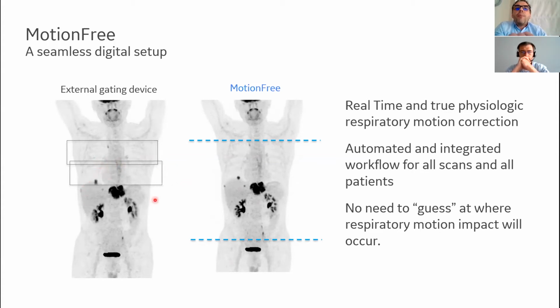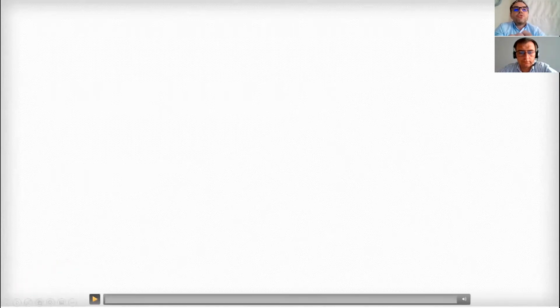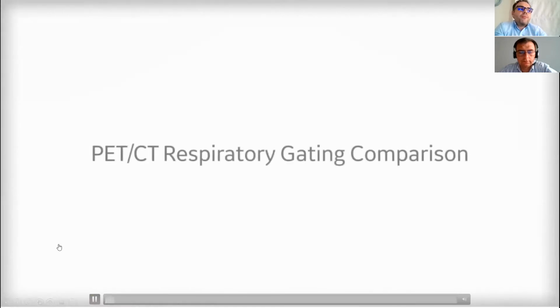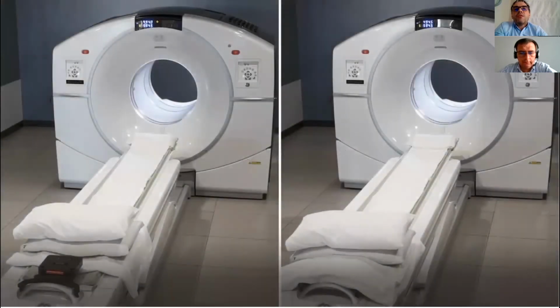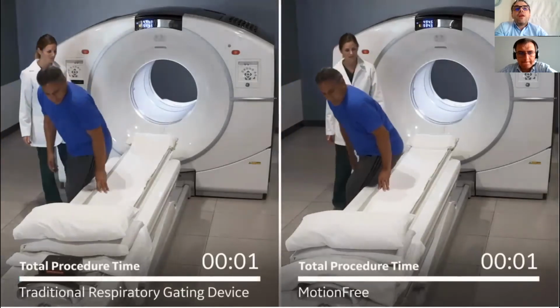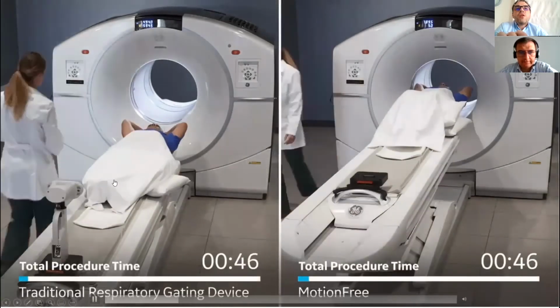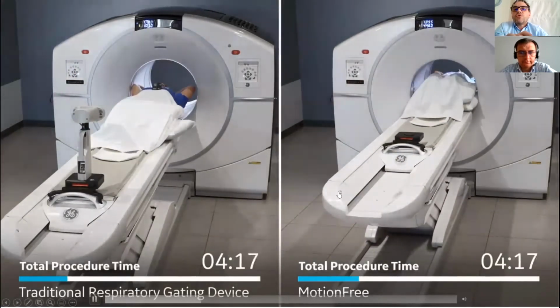So apart from all this, do we have any other advantage? Of course we do. Let me take some seconds to share with you this video here. So here you can see the same patient who is scanned on the left with an external device and on the right with our deviceless motion-free solution.